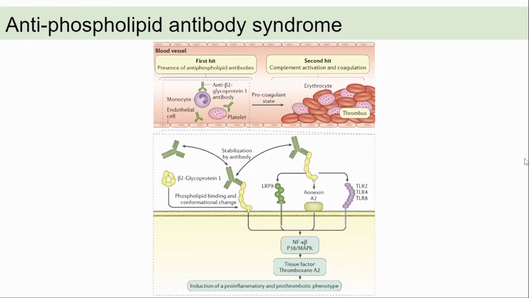About the mechanism, once the antiphospholipid antibody appears and binds to beta-2 glycoprotein, this immune complex may bind to toll-like receptor 2, adenosine A2, or LRP8, then activate intracellular signaling pathways such as NF-kappa B, p38 or MAPK, resulting in a pro-thrombotic phenotype.